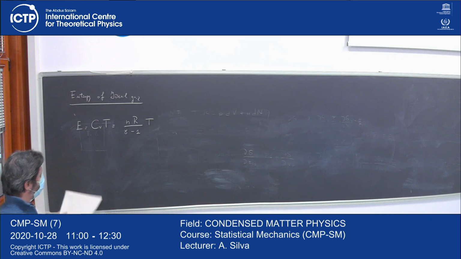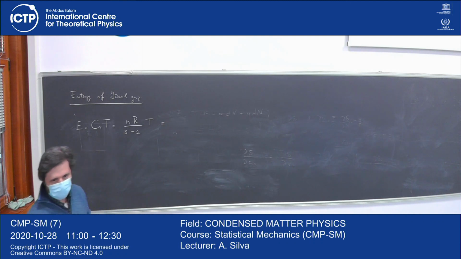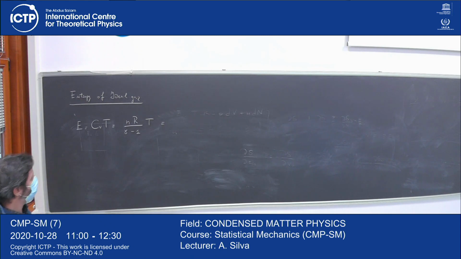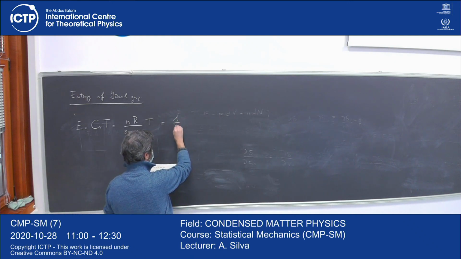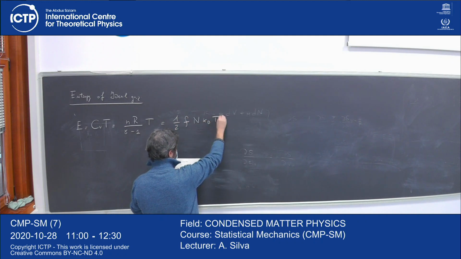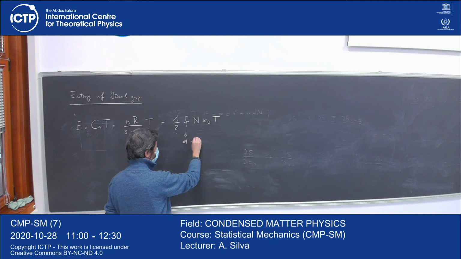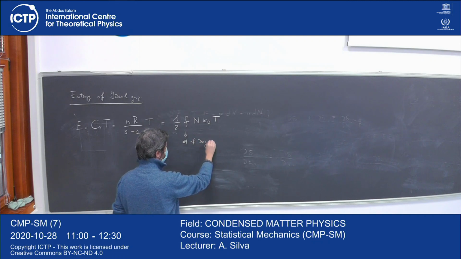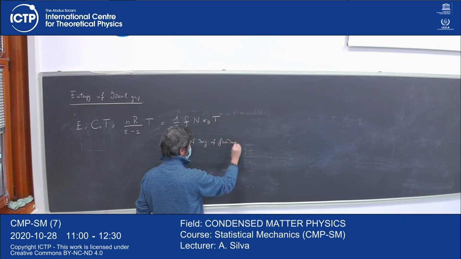All right, and then, well, we will derive it with statistical mechanics, but you know that for an ideal gas, you can also rewrite this as 1/2 F times N k_Boltzmann times T, where F is the number of degrees of freedom of your system.